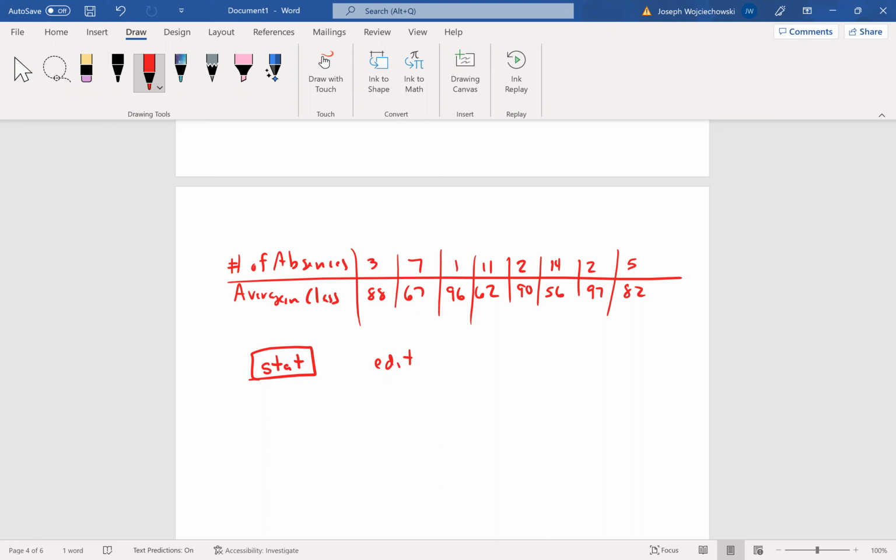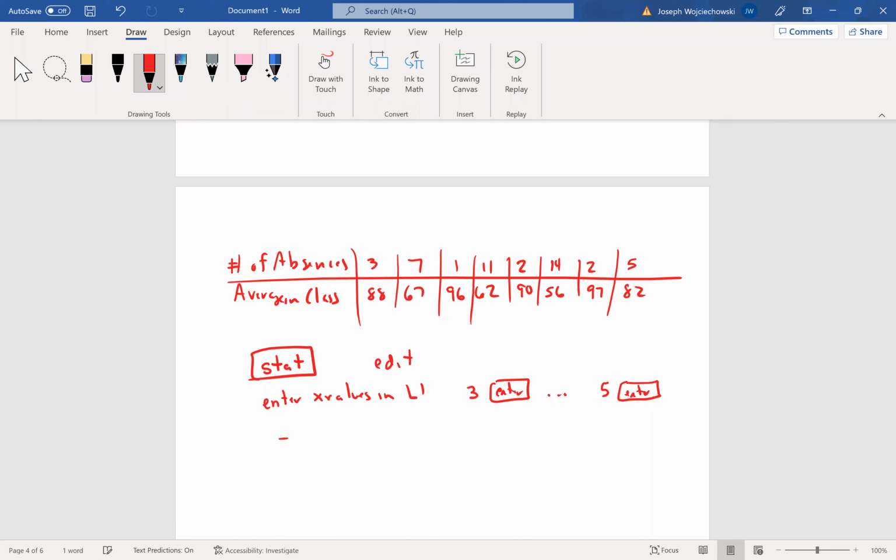Okay, so now we're going to enter X values in L1. So at the top, hit 3 and then enter, and then just continue doing that till you get to 5 and enter. So 3 enter, 7 enter, 1 enter, 11 enter, 2 enter, 14 enter, 2 enter, and 5 enter.